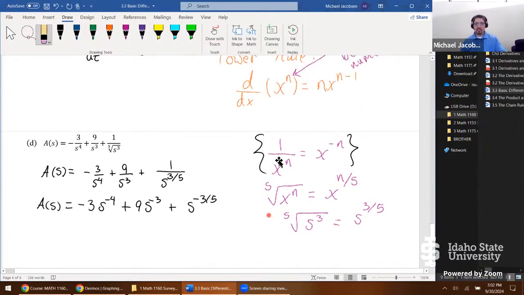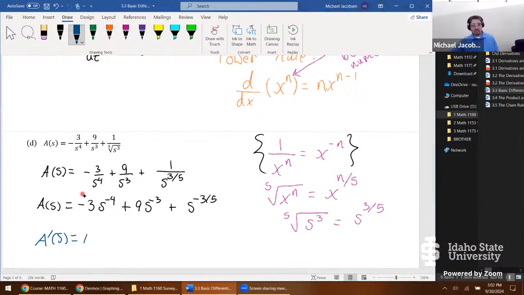Okay, so we've done all of our exponent law surgery. And then that just means we get to use the power rule as stated here by the red dot. So going left to right, we'll say A prime of S, because now we're talking about the derivative. I might as well switch to blue. I think we're using that for our color. A prime of S is going to be, first we take the -4, multiply by the -3.